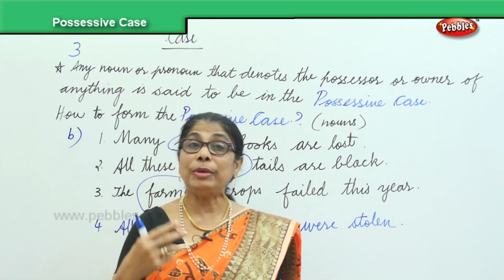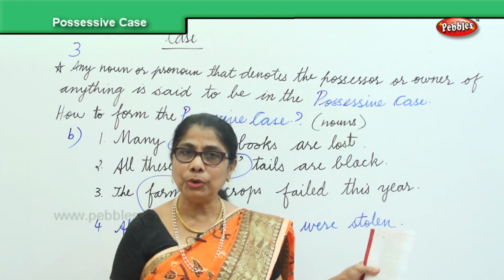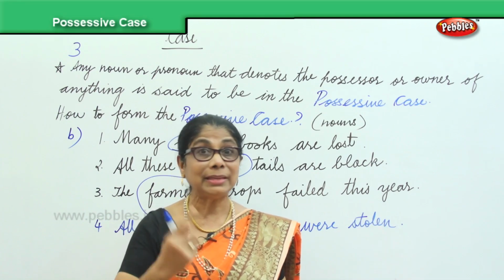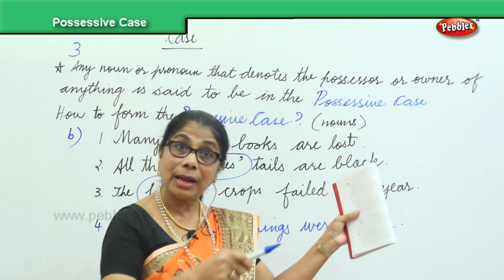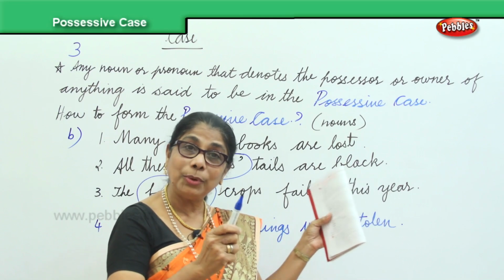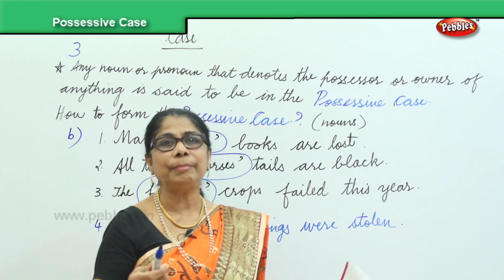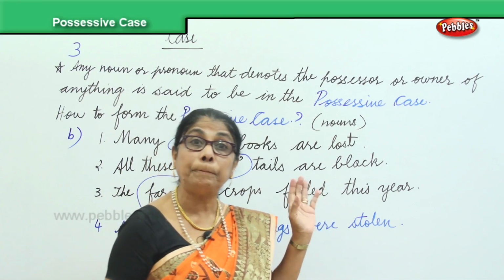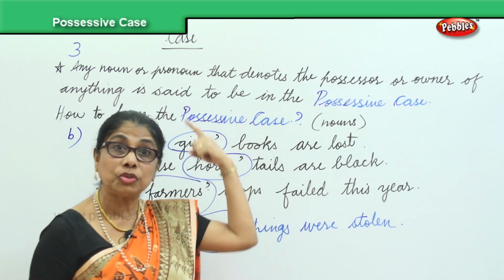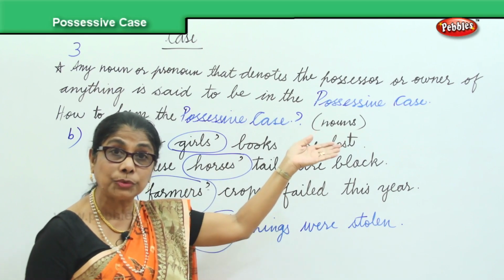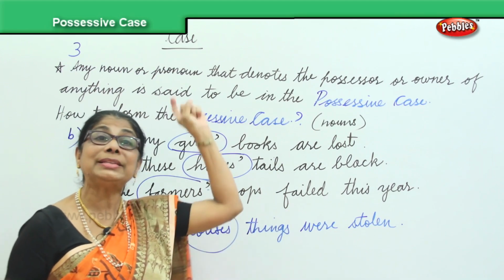In the first, when you say possessive case, singular, this book is mine. Or you say, this is Kala's book. Kala, singular. So you put Kala, then an apostrophe, then an S. Singular possession. Here the nouns are plural. Therefore, you will write girls and the apostrophe is outside, because all the girls' books were lost. When you say many horses, the apostrophe is outside.